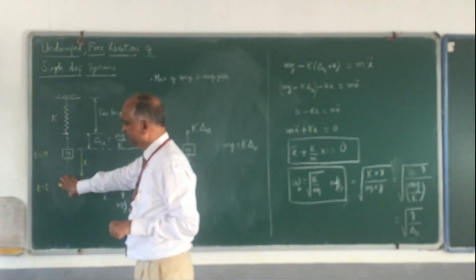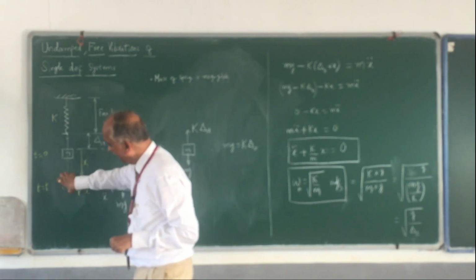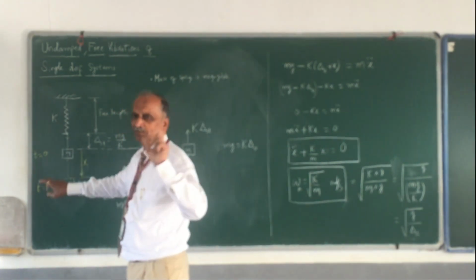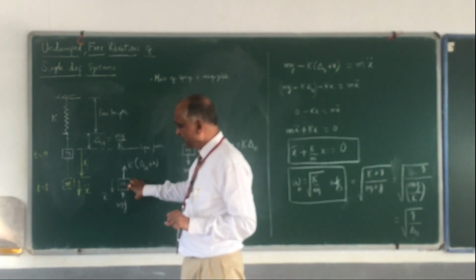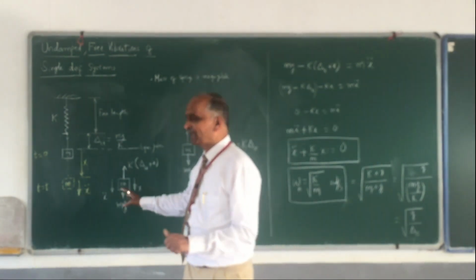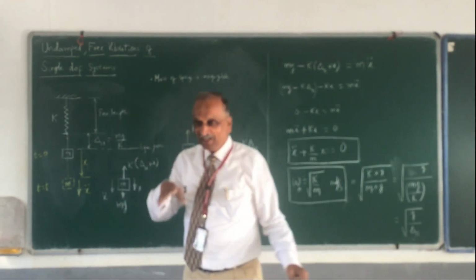The mass is actually moving, please remember, it is not stopping. I have arrested it through my eyes and say that this is at time t. Then draw the free body diagram of that mass and show the different forces acting. Then apply Newton's second law, write down the equation and simplify.